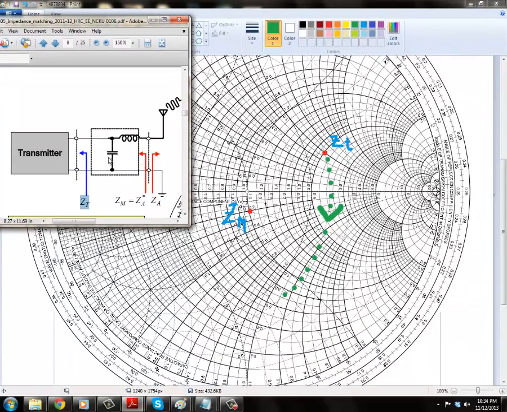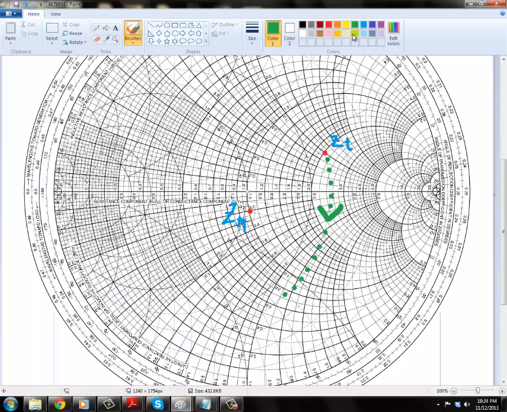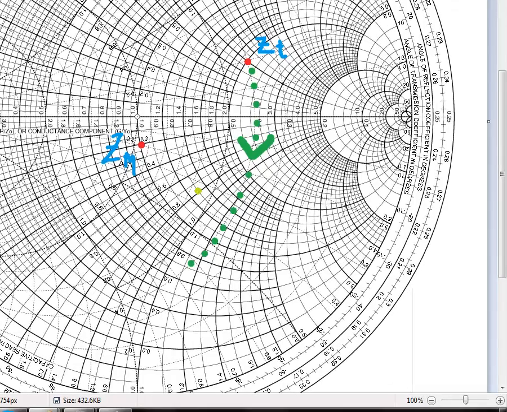Now when we reach the capacitor, we see that there is an inductor which is in series. Because it is in series, we will be moving on our normal Z impedance circle, and we will be moving in the upward direction because it is an inductor we have approached. I will be using dark green color this time for showing you the direction of movement towards the inductor. So I am moving towards the inductor, and here I reach. This is my inductor direction.